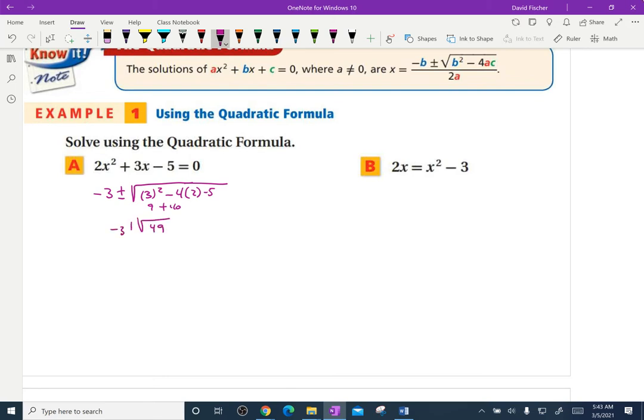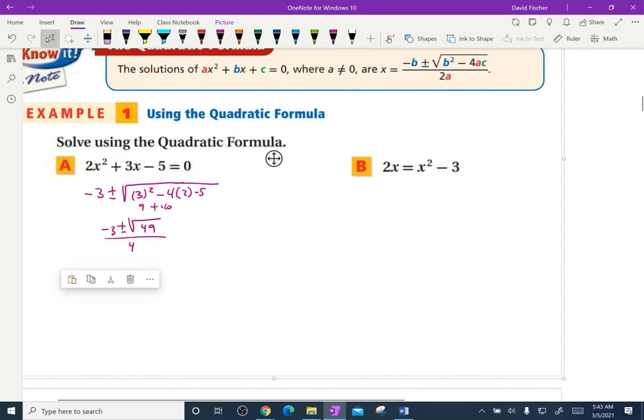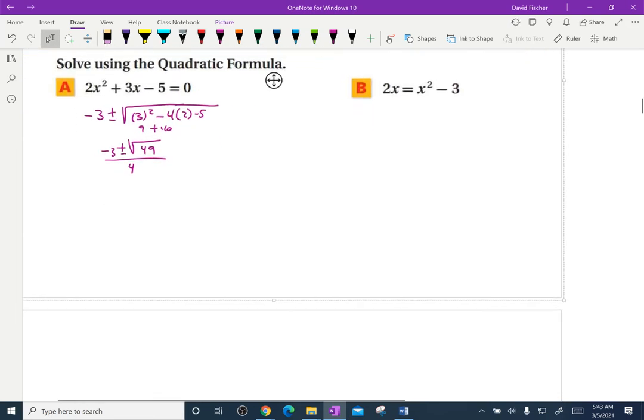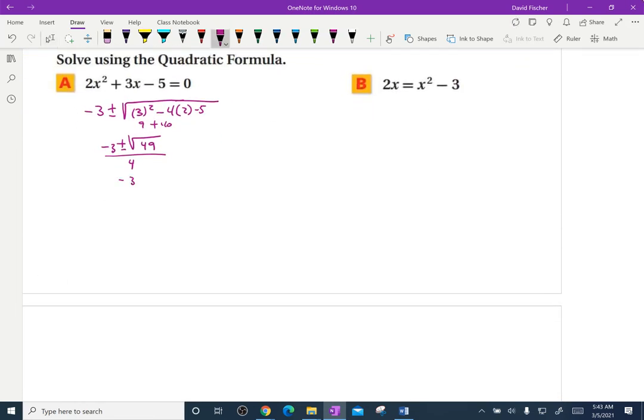Still have a minus 3 plus or minus. Now I'm going to do my 2 times a, and usually I just do 2 times a in my head, which is 2 times 2, which would be 4. 49 is a perfect square, so I'm pretty excited about that. So now I'm going to write the equation twice. I want to say minus 3 plus 7, because the square root of 49 is 7, over 4, and minus 3 minus 7 over 4. Now I'm going to do that work. 7 take away 3 is 4, and 4 divided by 4 is 1.